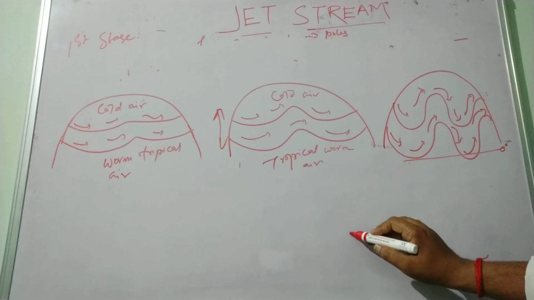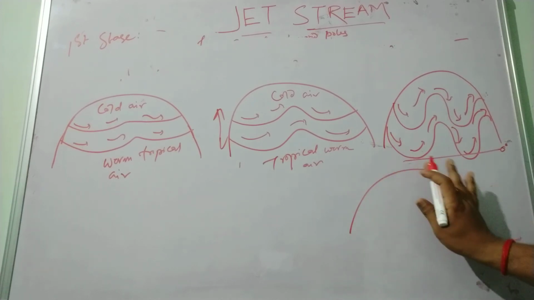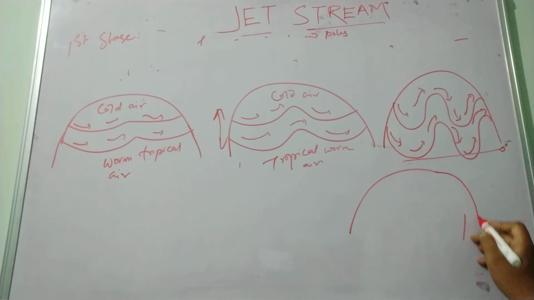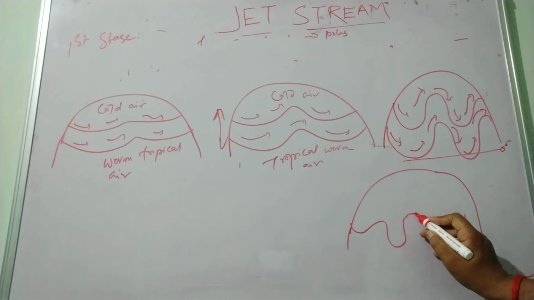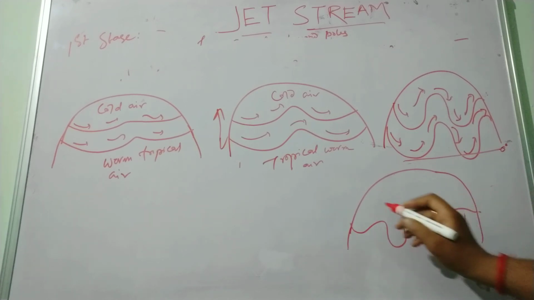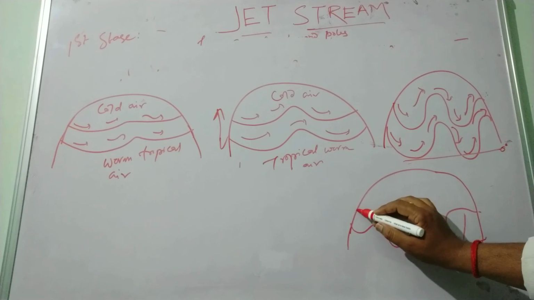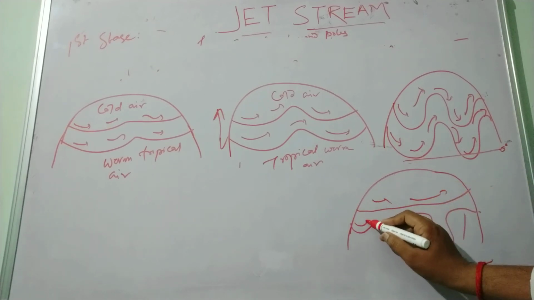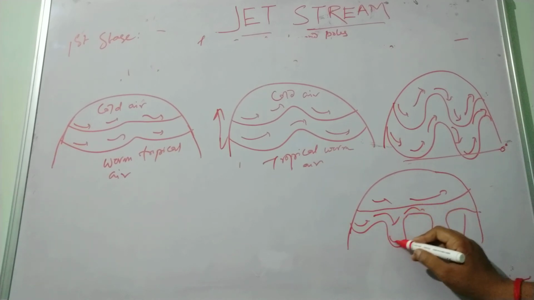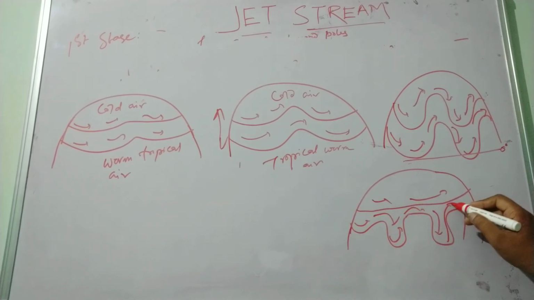And in the fourth stage, the meandering jet stream is cut off from the main path into meridional circulation.